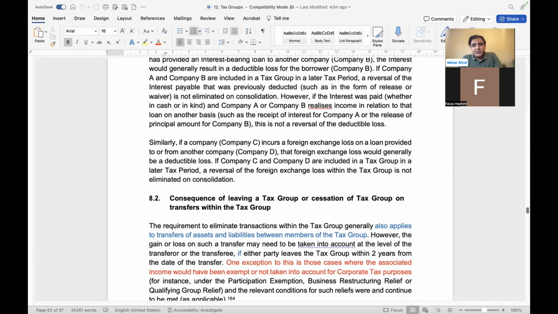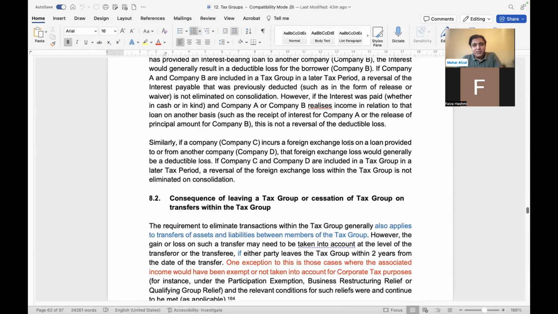But we discussed that if any asset is transferred to a member of the tax group and this asset is further transferred by that member to a non-member, or the transferor or the transferee leaves the tax group within 2 years from the date of transfer, then the clawback clause will be applicable, meaning the transferor will be liable to calculate the gain on the transfer. It will be treated like a normal transaction.